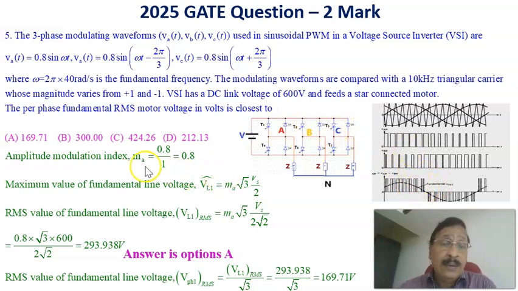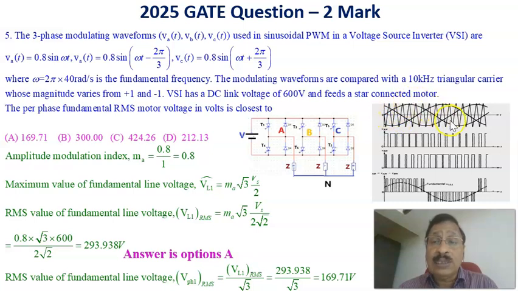Here, the amplitude modulation index is the ratio of the peak value of the modulating signal to the peak value of the triangular signal.